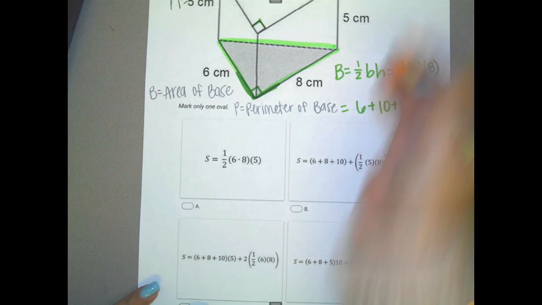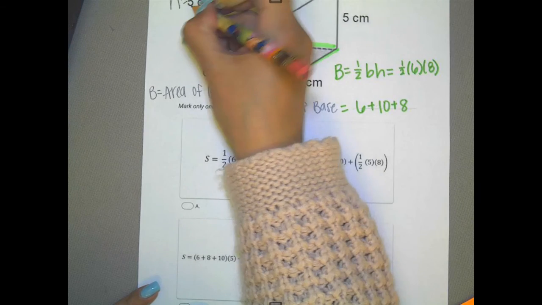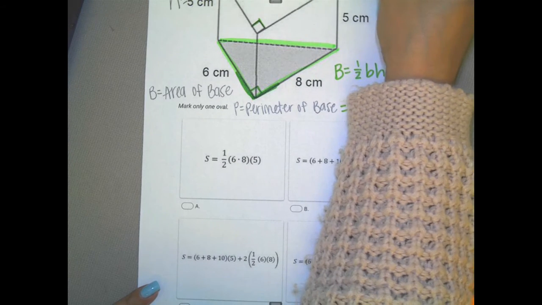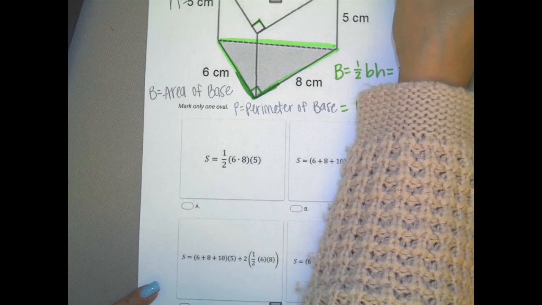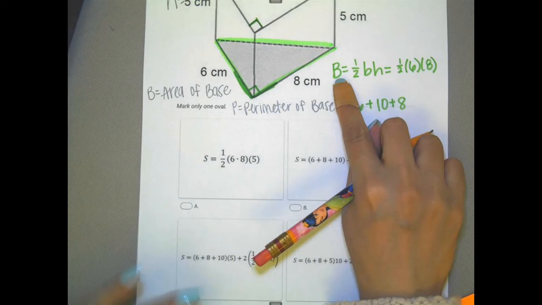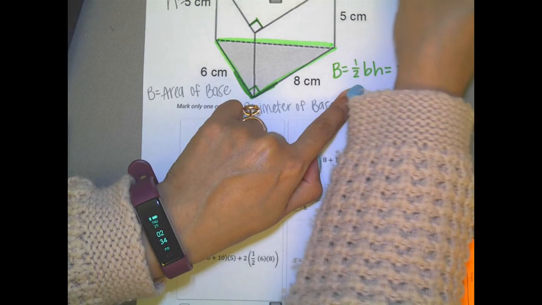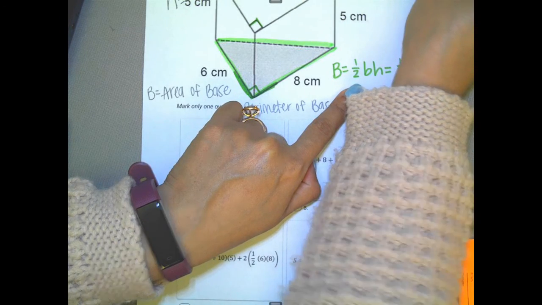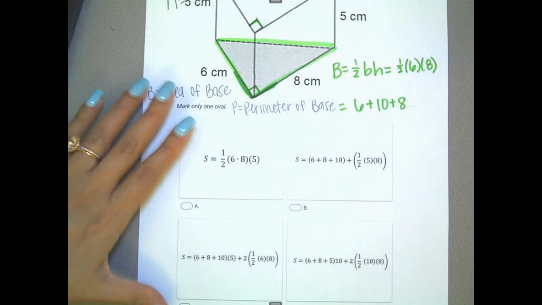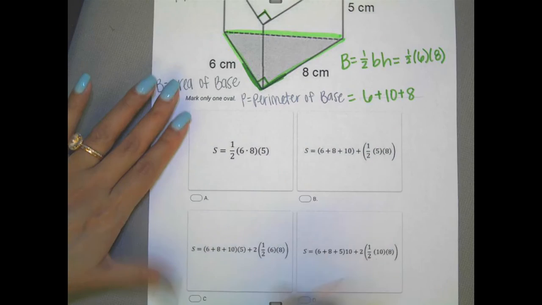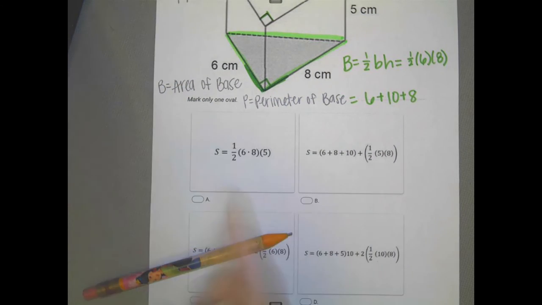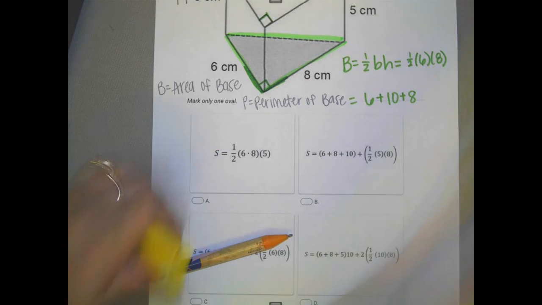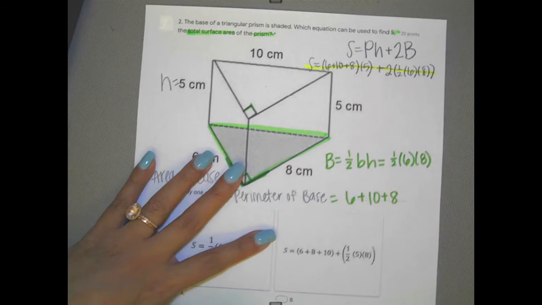And I'm going to multiply that by my H, which is my height, plus 2 times, we said big B is going to be 1/2 times 6 times 8. So now I just need to look at my answer choices and see which one matches up exactly with what we wrote down here, up here.